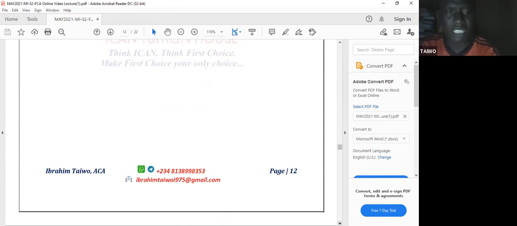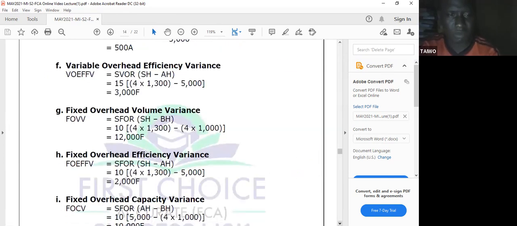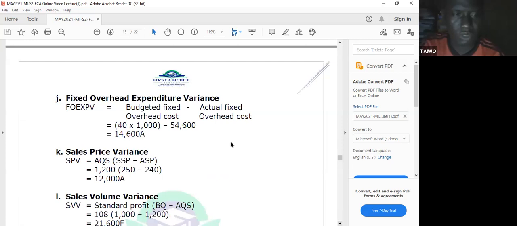So in a nutshell, fixed overhead expenditure variance is the budgeted fixed overhead cost, which is 40 naira per unit times 1,000 units, minus the actual fixed overhead cost, which is 54,600. The difference between these two is 14,600 adverse. It means that I am spending more than what I said to spend. I hope you're getting that now. So that's that for that.